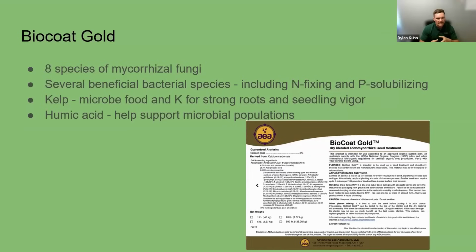This product, compared to the microgreen, has a little bit extra with the kelp as a microbial food source and potassium to help with stronger roots and seedling vigor, and then some humic acid in there just really to help support the microbial population.